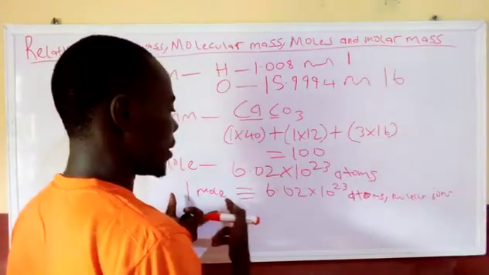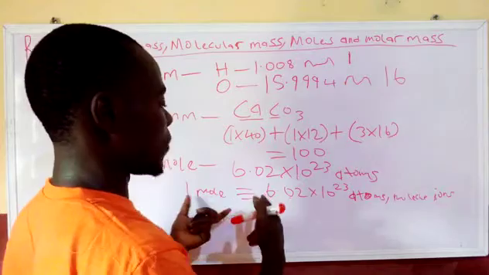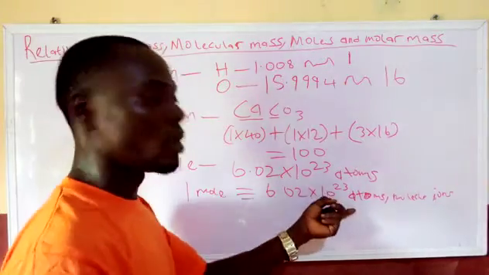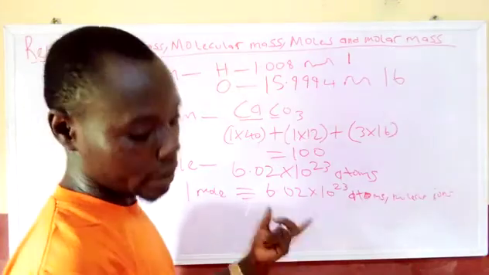So 1 mole of an element contains 6.02 times 10 to the power 23 atoms. So it goes like that.